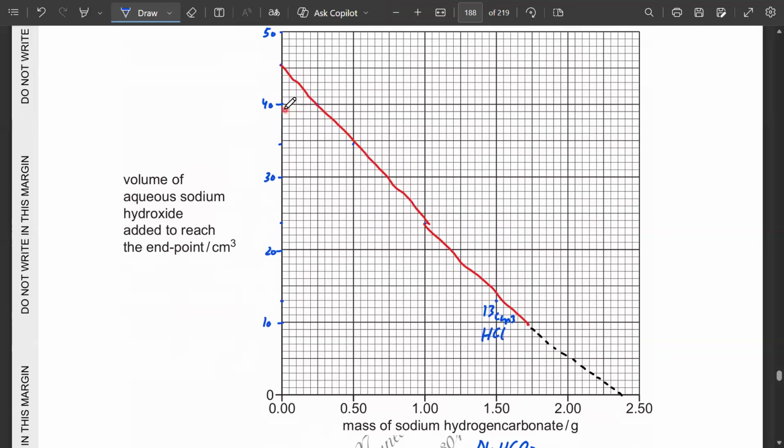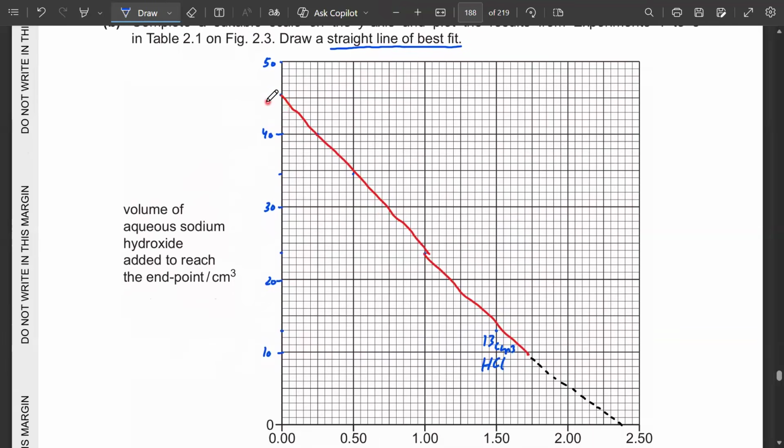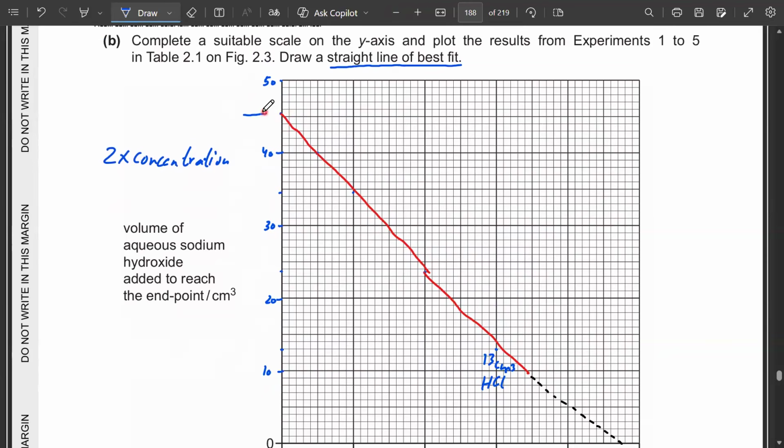We cannot tell actually how much, but at the same time, it also told you that there is a 2 times increase of the concentration. If the concentration is increased 2 times, that means the volume must also be decreased by half. So what would be the half of this range? This is 45.5. So 45.5 divided by 2 is 22.75, almost 23.